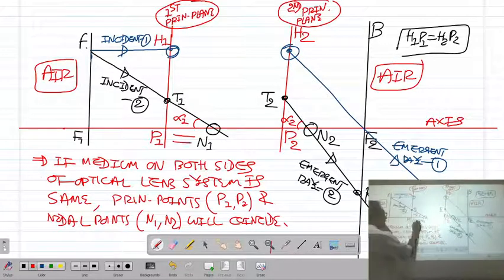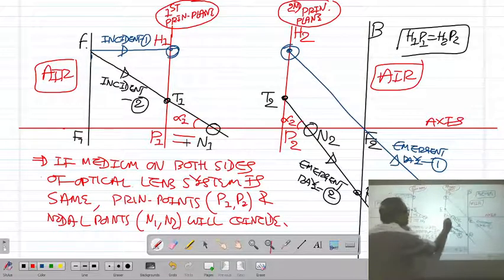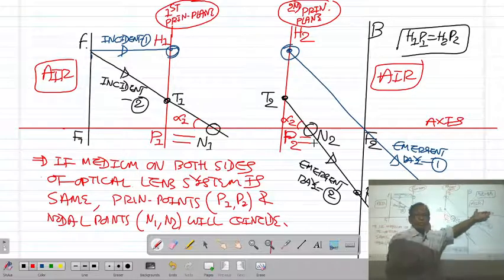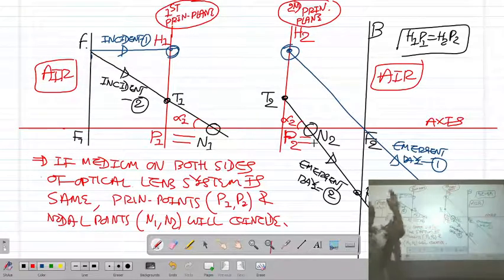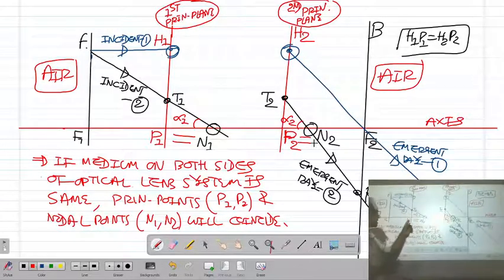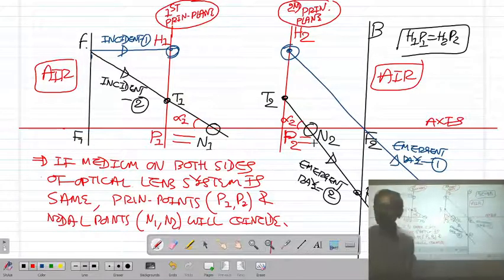So you get P1 and N1 at the same place, and you get P2 and N2 at the same place. Okay, so you are not getting 6 points, but you will get only 4 points, right? So medium is air on left hand side and right hand side of the optical system. If medium is air on both sides, then principal point P1 and nodal point N1 will coincide, and principal point P2 and nodal point N2 will coincide.